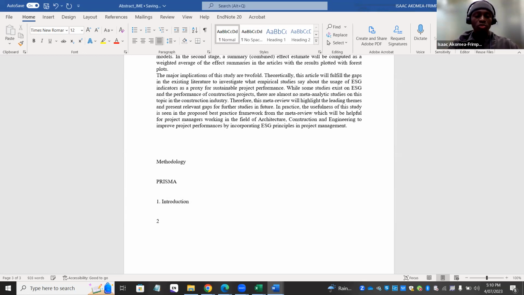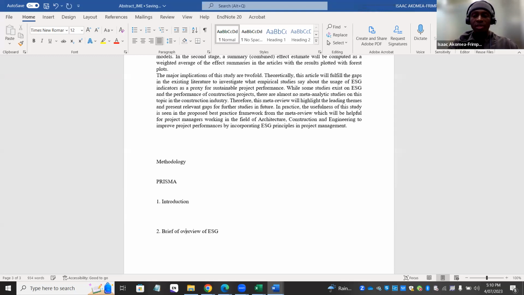So I want to group all of you into two. For the introduction, one group will write that, and also an overview of ESG in the construction industry. Or just give us a brief overview of ESG.